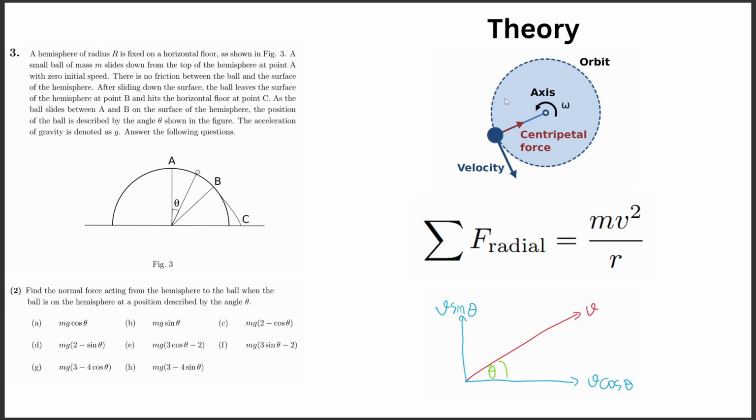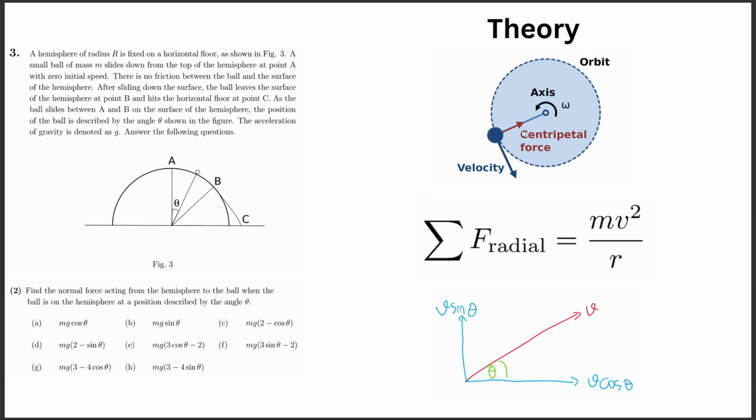The theory that you have to know is that when something moves or rotates like a circle, it has a velocity, but it also has the centripetal force towards the center, and the sum of all F that is radial.